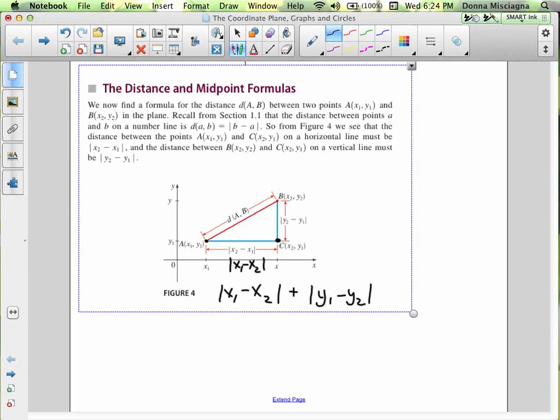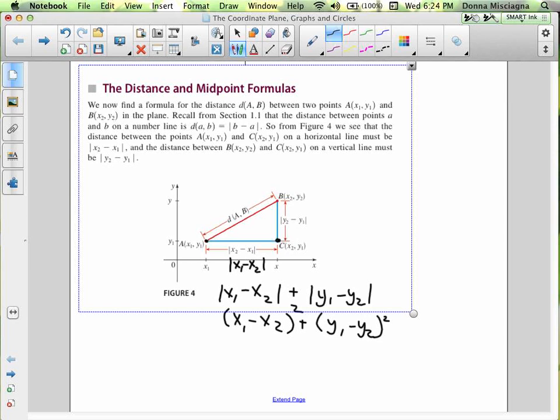Now perhaps we don't want to have the absolute value bars, but we want a way to make sure that they're still going to be positive. Well, if we square a number, it's always positive. So we dropped the absolute value bars and we squared the difference between the x-coordinates and the difference between the y-coordinates.